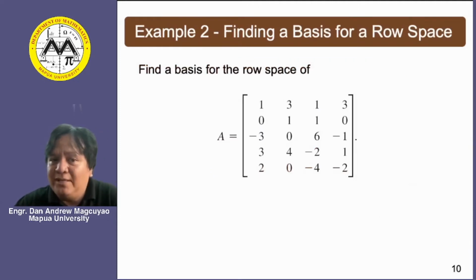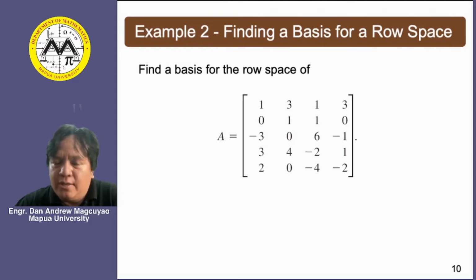As an example, let us consider this matrix A. For this matrix A, we have 1, 3, 1, 3; 0, 1, 1, 0; negative 3, 0, 6, negative 1; 3, 4, negative 2, 1; and 2, 0, negative 4, 2.